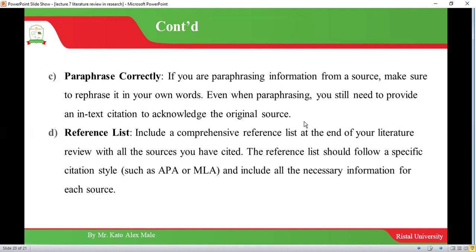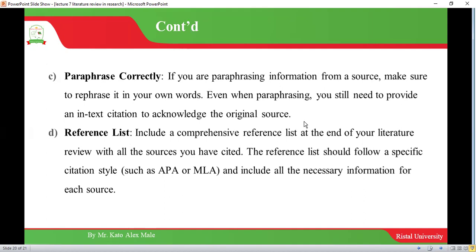Quote them and then indicate their names there. Or if you're just paraphrasing, meaning you're not using the way they wrote in their articles, but you're giving an interpretation of the way they wrote, still there you need to provide an in-text citation. We shall see how we can do this practically.